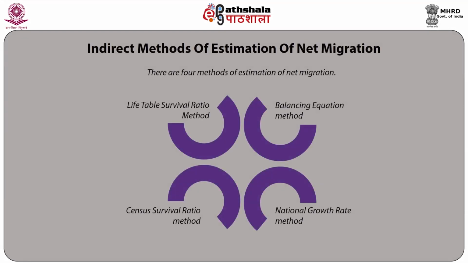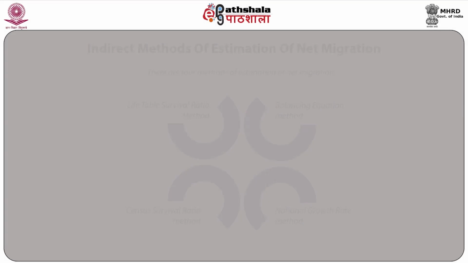There are four methods of estimation of net migration. They are: first, the Balancing Equation Method; second, the National Growth Rate Methodology; third, the Census Survival Ratio Method; fourth, the Life Table Survival Ratio Methodology. Each estimation method is discussed further.